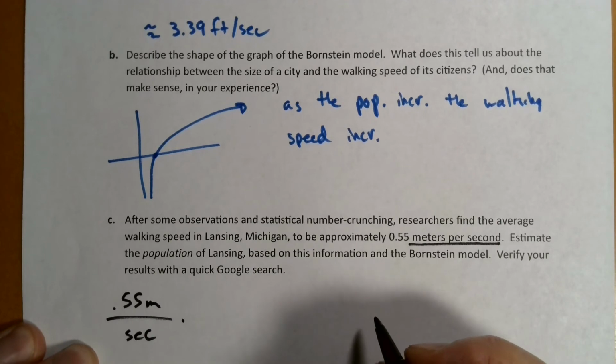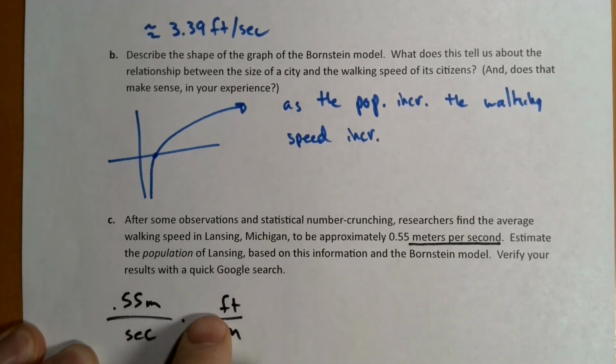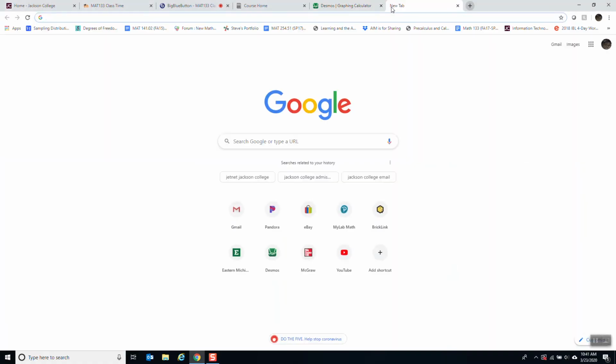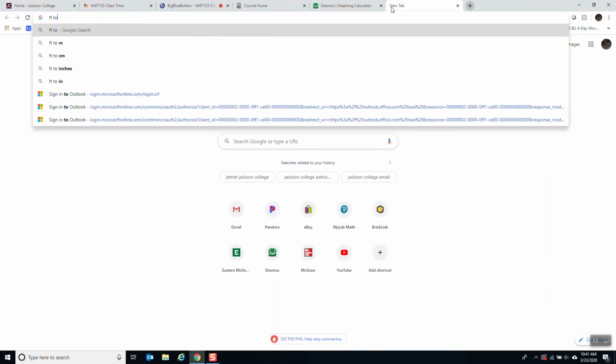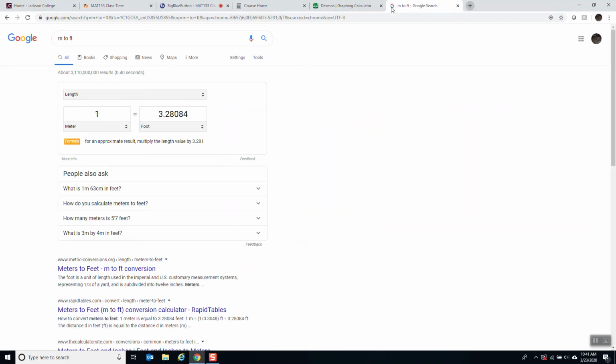Well, 0.55 meters per second. We need a conversion factor, and we need to know how many meters are in a foot, and we're going to write it in this manner. I don't know that offhand, so we go straight to Google and say meters to feet. The conversion factor is 1 meter equals 3.28 feet.